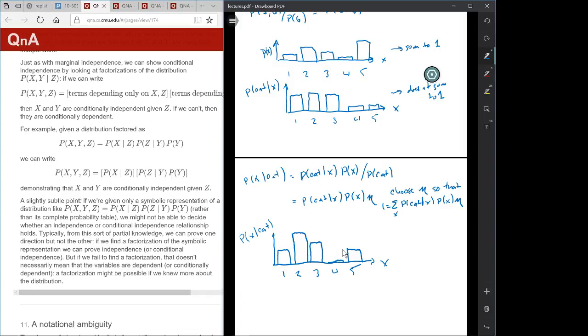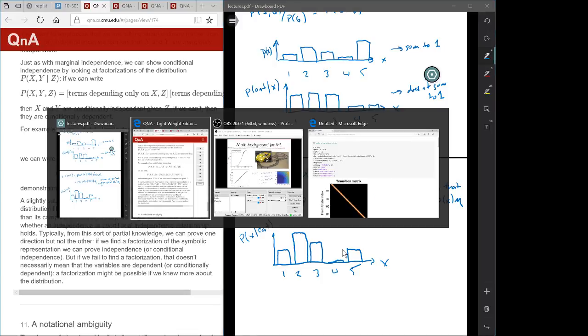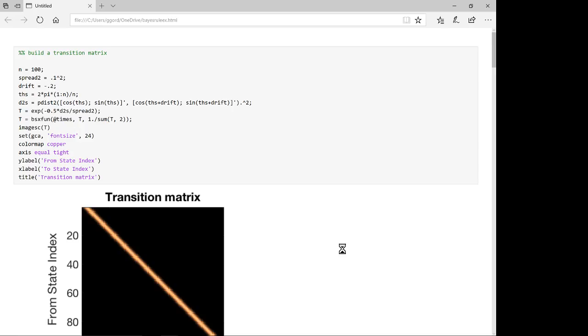And what I'd like to do next is go through essentially that same example, but a more real-world sized or slightly more realistic example. So here it is.